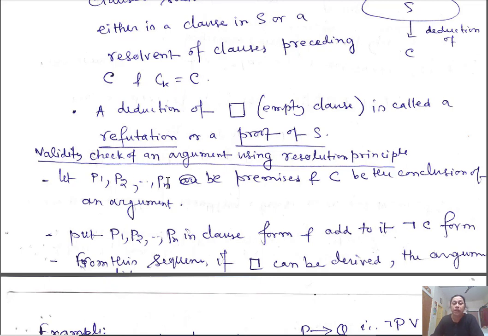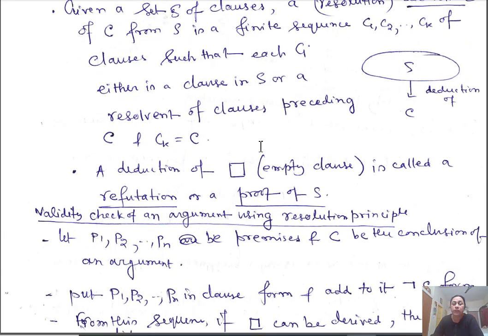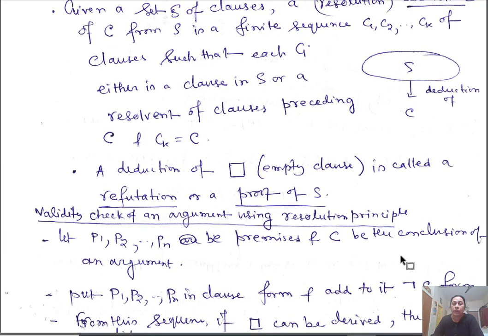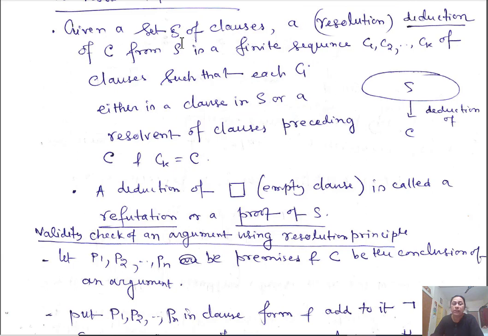So this is a collection of clauses, and you just use the resolution principle. You will get a finite sequence of clauses C1, C2, Ck, where each clause is either in this set or a resolvent of clauses preceding this Ci.